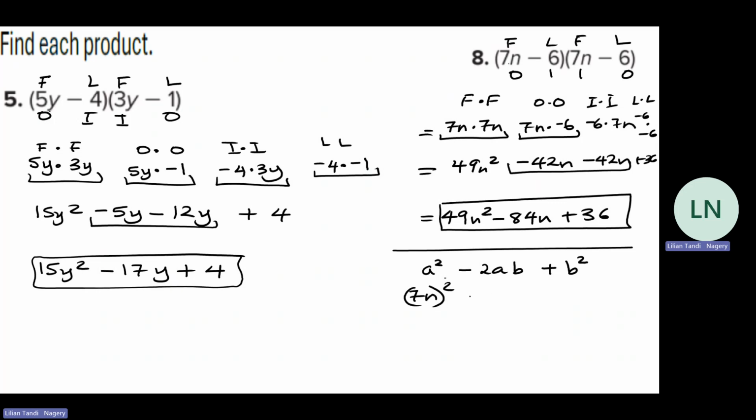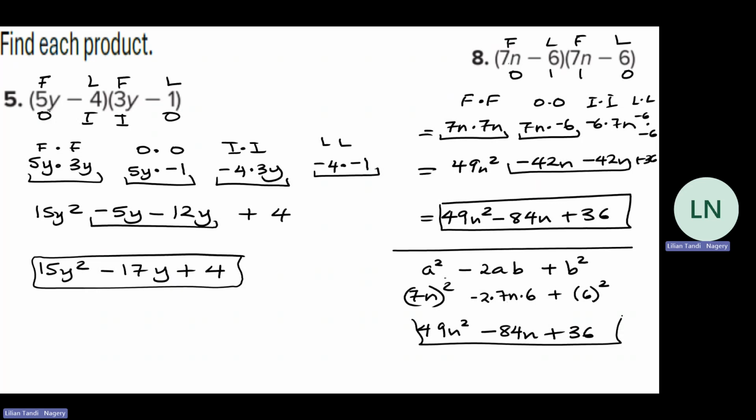And you square that. Then here you're going to multiply 2 by 7n, and our b is 6. Then plus 6 squared. So this becomes 49n squared minus, this is 42 times -2, so minus 84n plus 36.